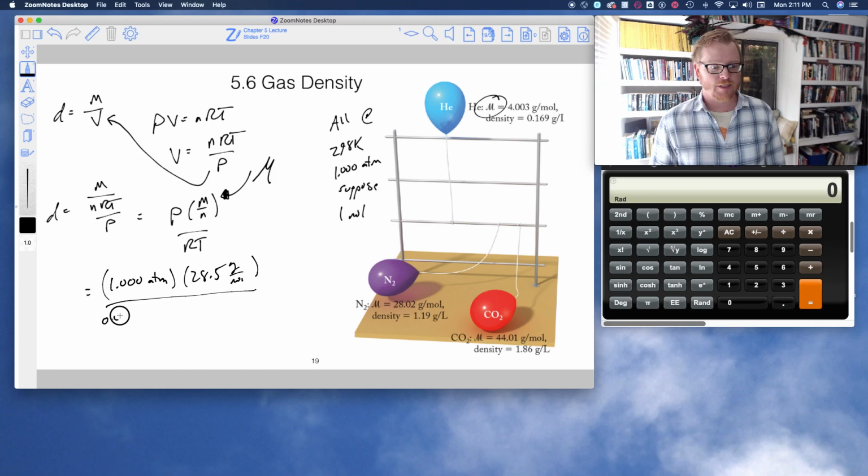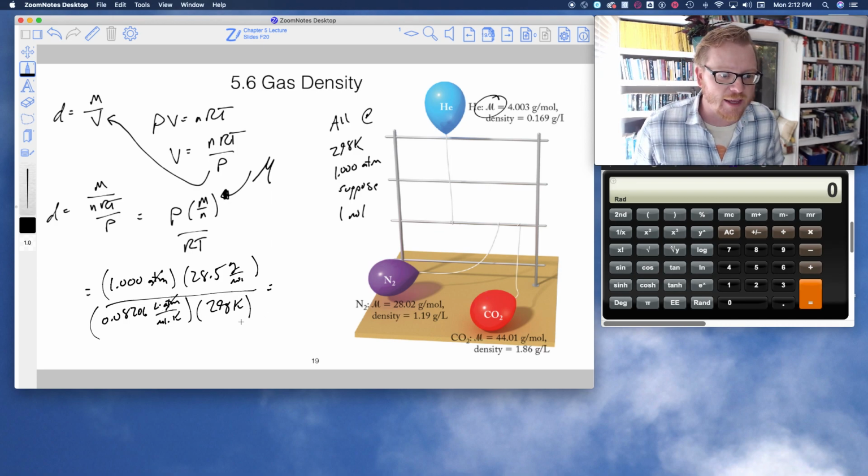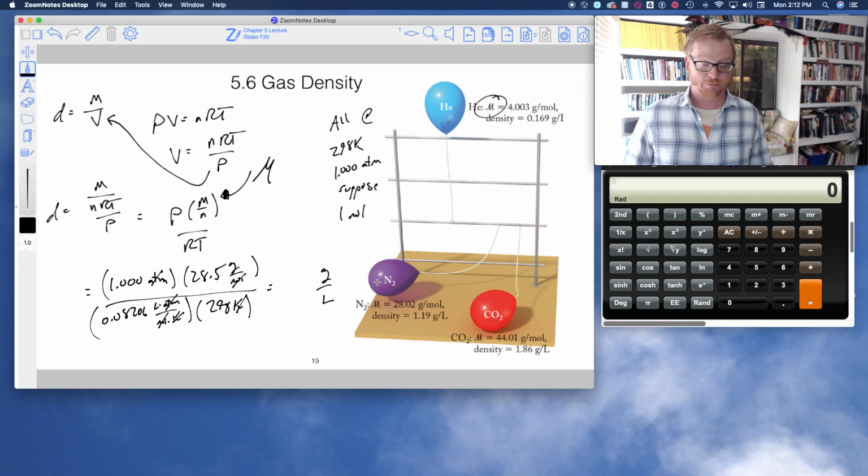R is 0.08206 liter times atmosphere divided by mole times Kelvin. And then 298 Kelvin. All of this is going to give me the density in grams per liter. Check it out: ATM and ATM cancel, Kelvin and Kelvin cancel, mole and mole cancel, and I'm left with a number in gram per liter.